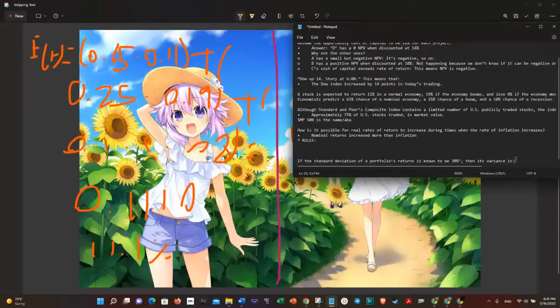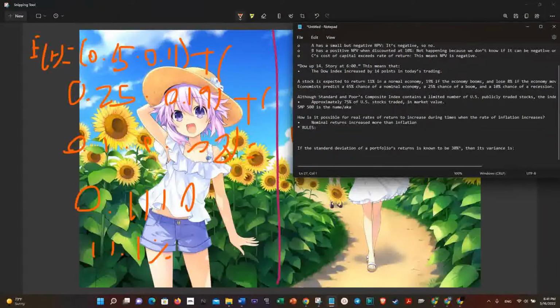Yes. Excelente. Here's the next one. I'm actually just going to give you the formula typed out because there's no reason to write it out by hand here.